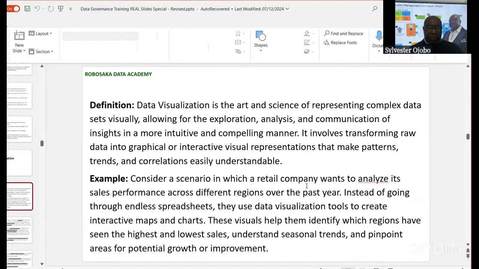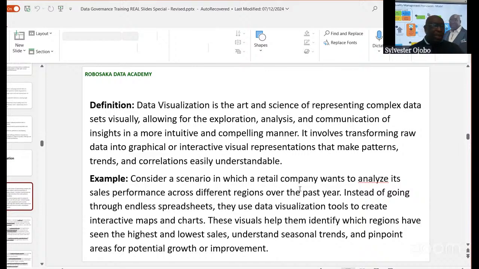Instead of going through endless spreadsheets of Excel, they use data visualization tools to create interactive maps and charts. This visual helped them define which regions have seen the highest and lowest sales, understand seasonal trends like Christmas or New Year or Easter period, and pinpoint areas for potential growth or improvement. This is just an example.